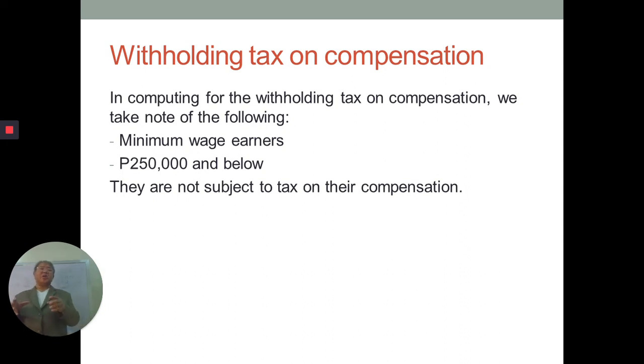So if you're giving your employees 537 pesos per day, they are called minimum wage earners. The gross compensation, the 13th month pay, the overtime pay, they are not taxed if they are considered minimum wage earners. If you go to provinces like Pampanga, Cebu, they have their own minimum wage rate.